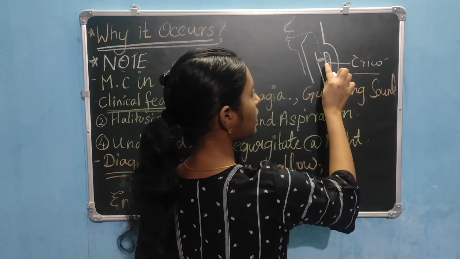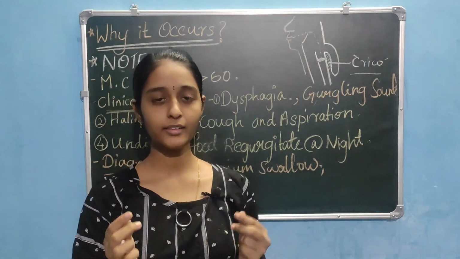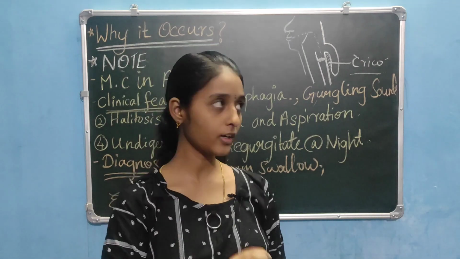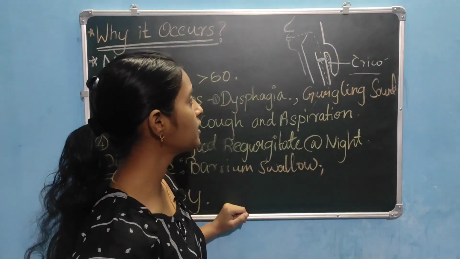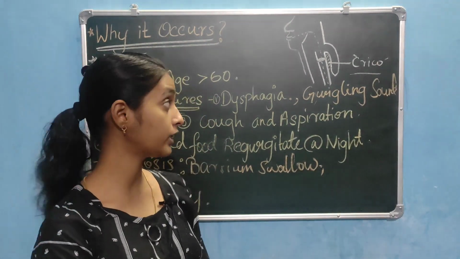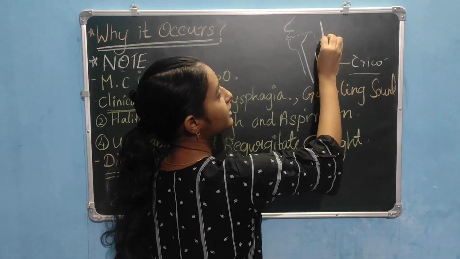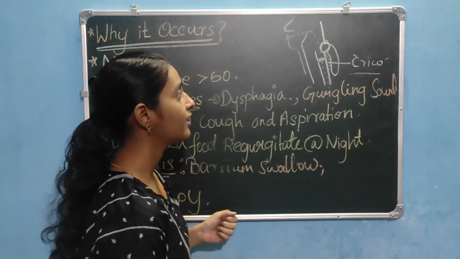the cricopharyngeal muscle tone is increased, which closes the esophageal sphincter, so food cannot travel into the esophagus. It finds some other way, it needs to go to some other point, so it finds the weak area. This fellow is too weak, so the food can occupy that space.